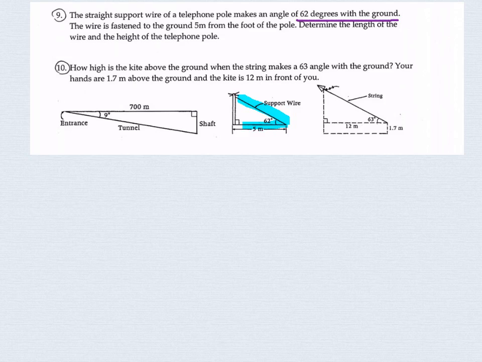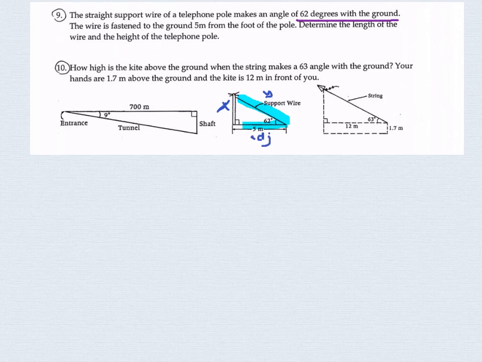The wire is fastened to the ground 5 meters from the bottom of the pole, I guess. Can't see what that says. Determine the length of the wire and the height of the telephone pole. We want to find the height of the pole and the length of the wire. So we're going to start off first by recognizing we have angle 62, and the 5 meters is the adjacent.